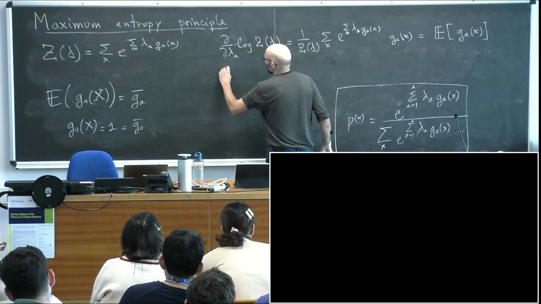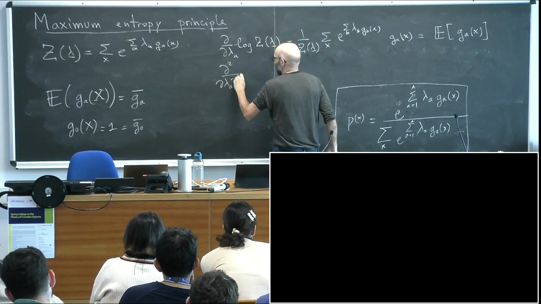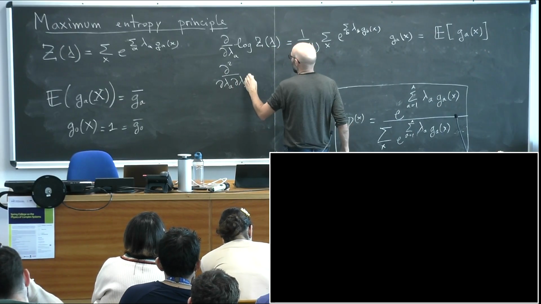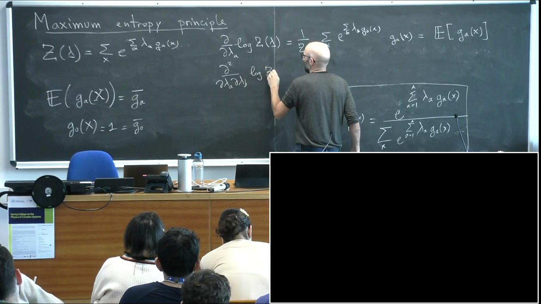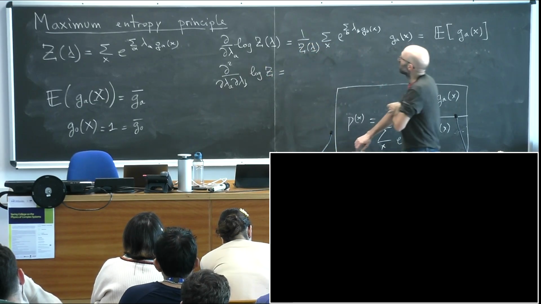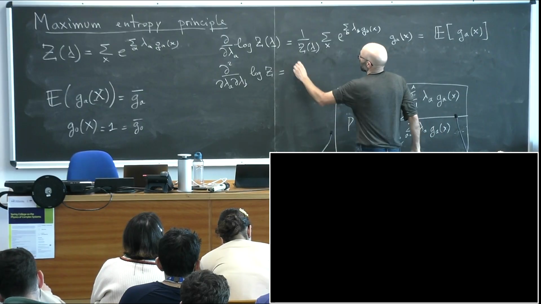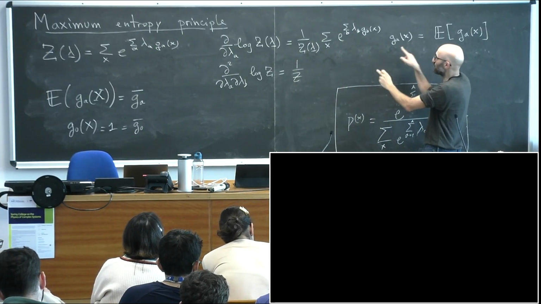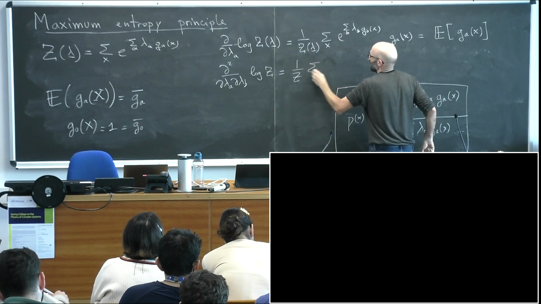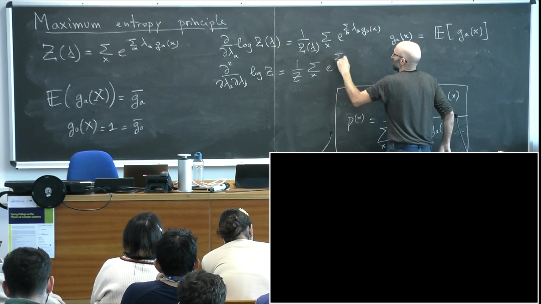So for example, if you do the second derivative with respect to lambda_a, lambda_b of the log of Z, you have to take another derivative of this, which will give you 1 over Z times the derivative here, which will bring you another factor of g.